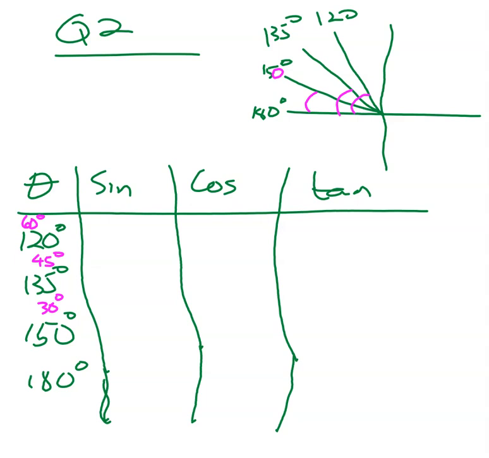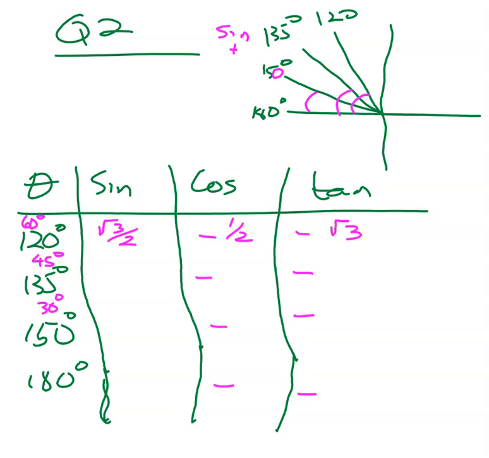So now we are going to go ahead and come up with the same values. But also remember that in this quadrant, only sine is positive. Everything else is negative. So you might as well just go ahead and put a negative right here. Everything is going to be negative here. So sine 60 is square root of 3 over 2. Cosine 60 is 1/2.